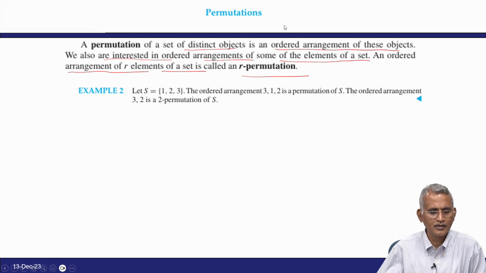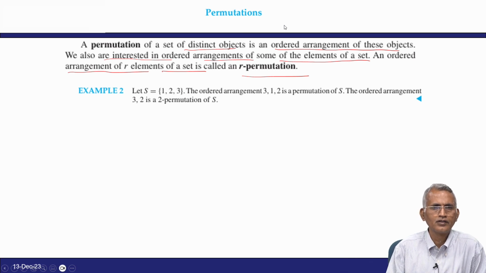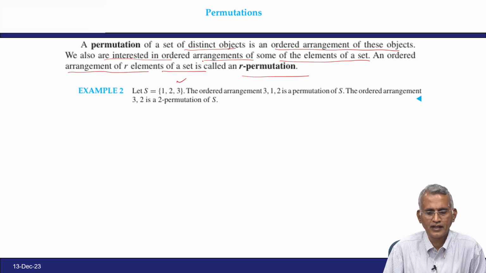For example, let S equal the 3 numbers 1, 2, 3. The ordered arrangement 3, 1, 2 is a permutation of S. The ordered arrangement 3, 2 is a 2-permutation of S. So, this is the meaning of ordered arrangement, the permutation.